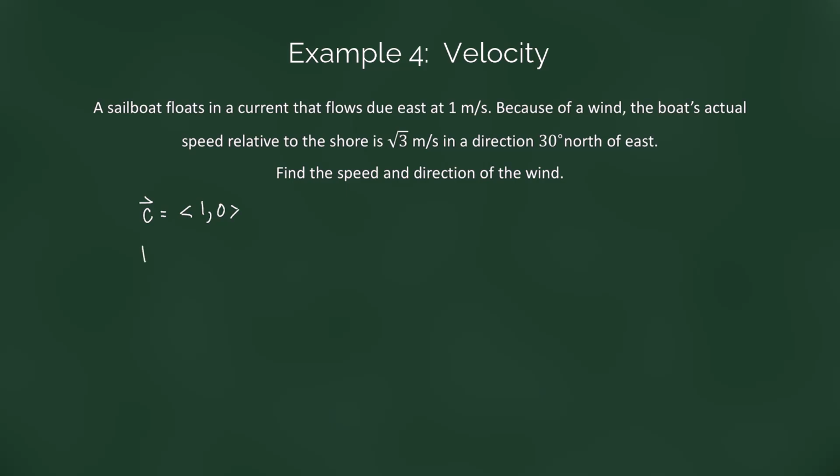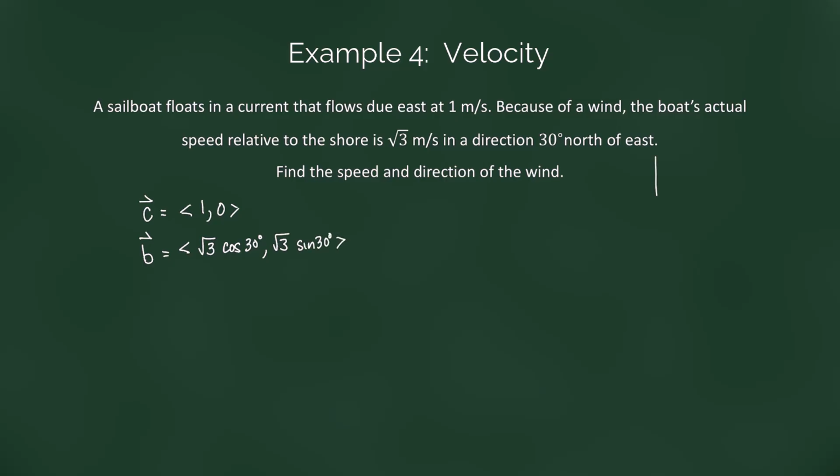We also have the boat speed, and that is going to be the vector root 3 times the cosine of 30 degrees, root 3 times the sine of 30 degrees. Because 30 degrees north of east means our boat vector, this is 30 degrees north of east.